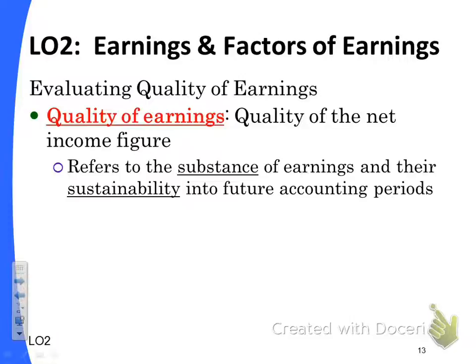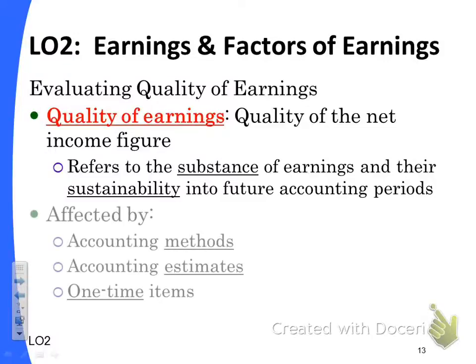And so we're looking at both the substance and the sustainability of the future earnings. And a few factors that affect it are the accounting methods, accounting estimates, and then one-time items.